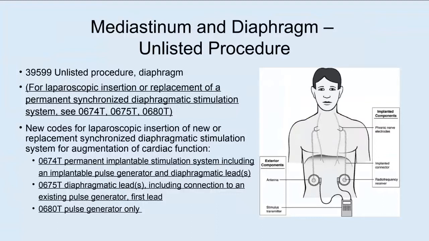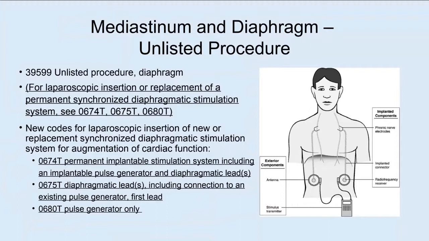Now let's move on to the mediastinum and diaphragm section. A note was added under unlisted procedure code 39599. It says for laparoscopic insertion or replacement of a permanent synchronized diaphragmatic stimulation system, see 0674T, 0675T, and 0680T. These, of course, are Category 3 codes.